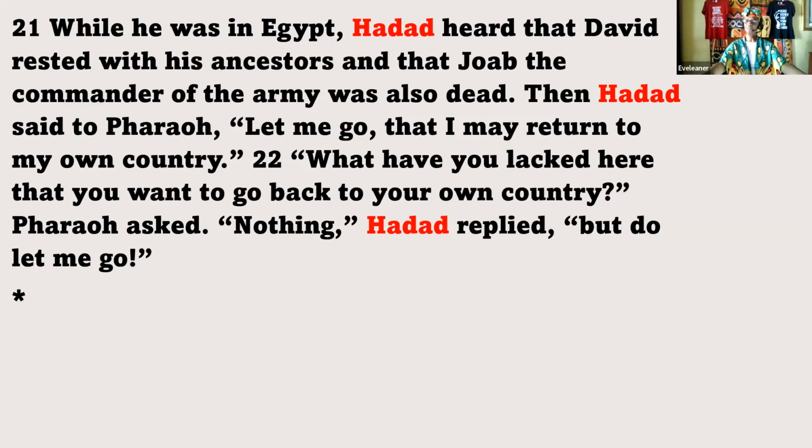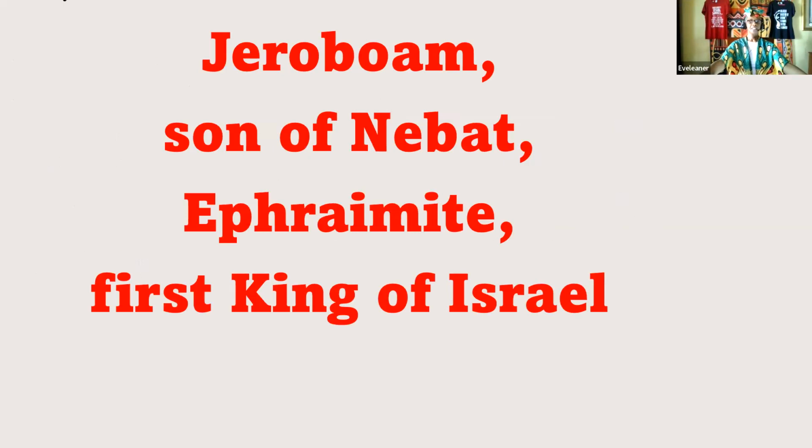But Hadad replied, but do let me go. He said, I'm not lacking anything, but I do want to go back to my home. I do want to go back to where I came from. So that's that story.